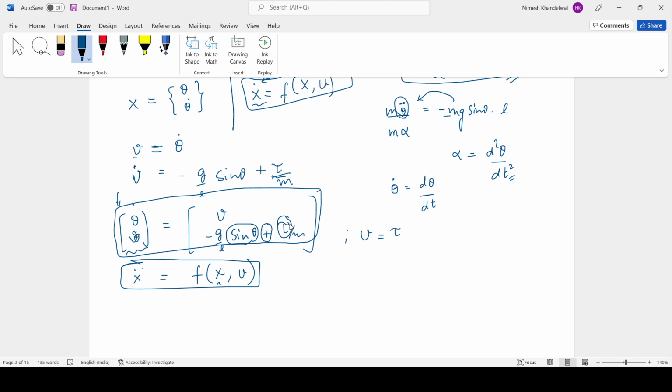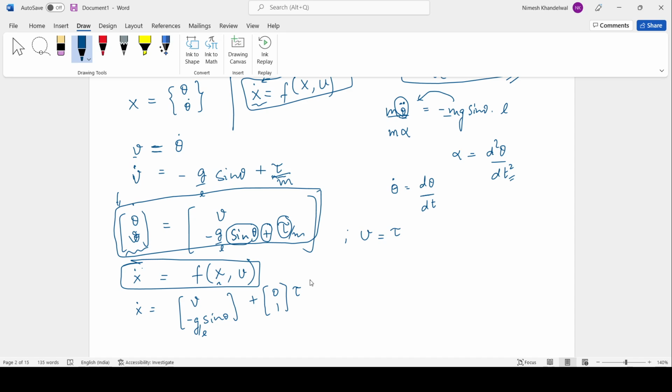Because the maximum power of control is 1, right? So I can actually separate these two, as this v, minus g over l sine theta, plus some matrix times tau.